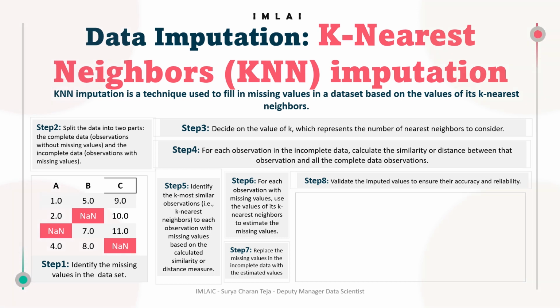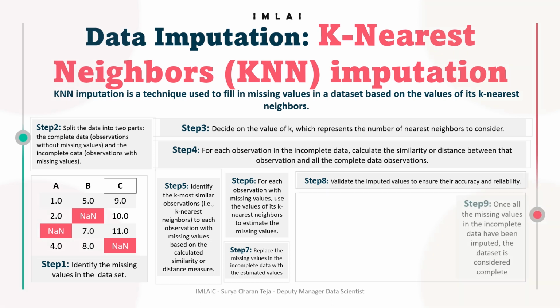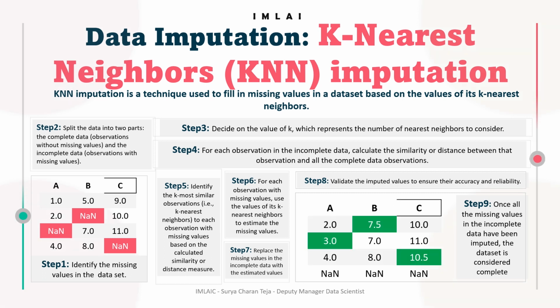Then the last step is complete data imputation. Once all the missing values in the incomplete data have been imputed, the data set is considered complete and can be used for further analysis or modeling.